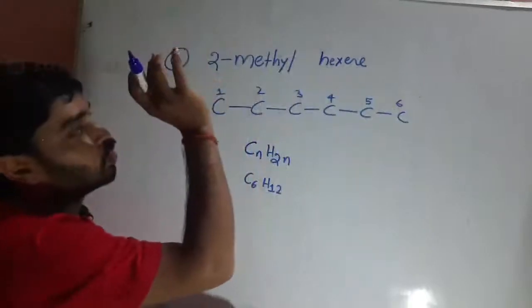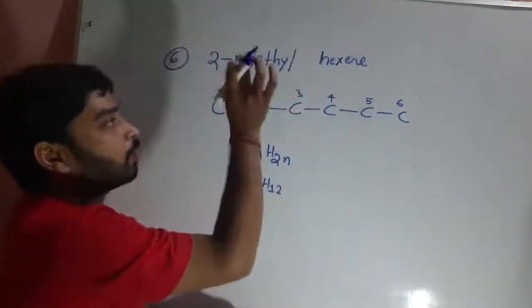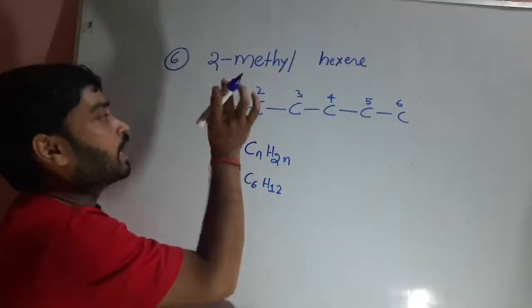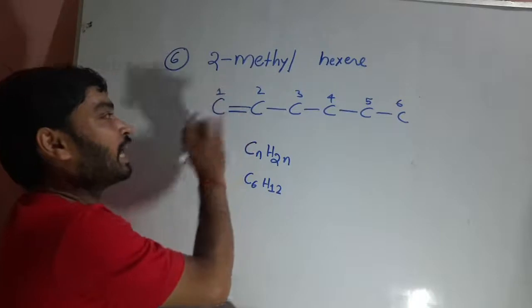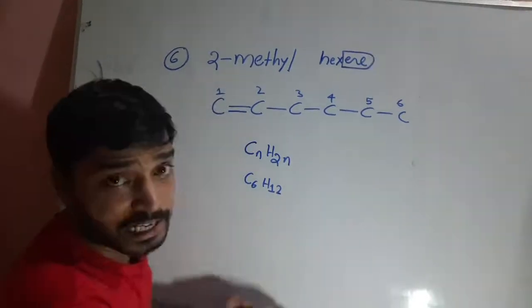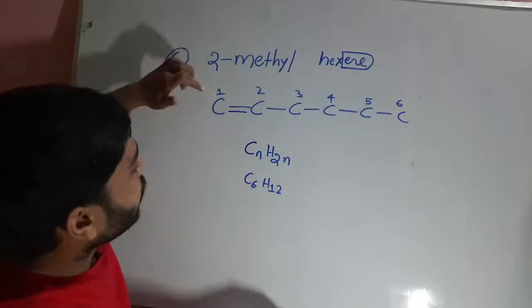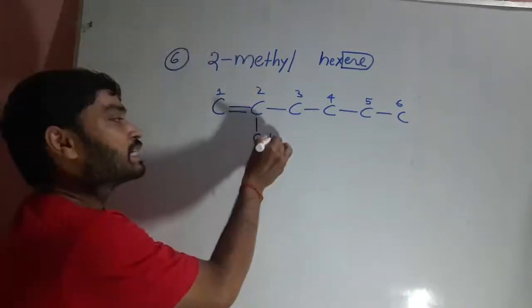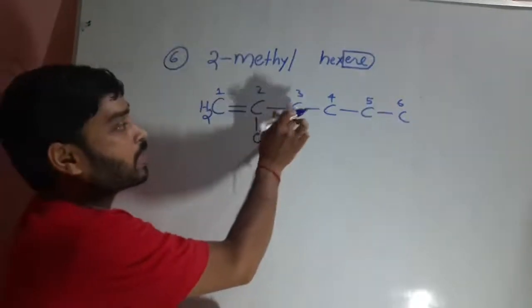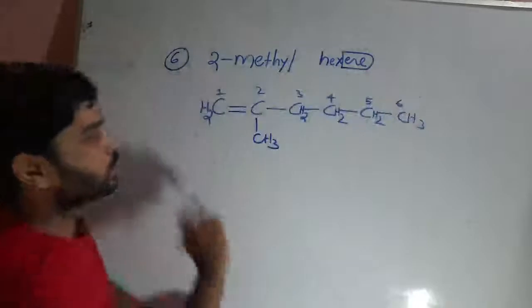From this, we can conclude that if ene is present, it should have a number. If there is no number, then the double bond occupies the position between the first carbon and the second. From this, it will possess 2 hydrogens and it will possess 3 hydrogens.